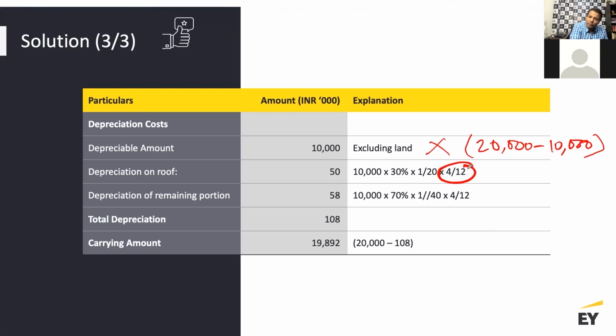On 10,000 of 30%, which is 3,000, 3,000 divided by 20.